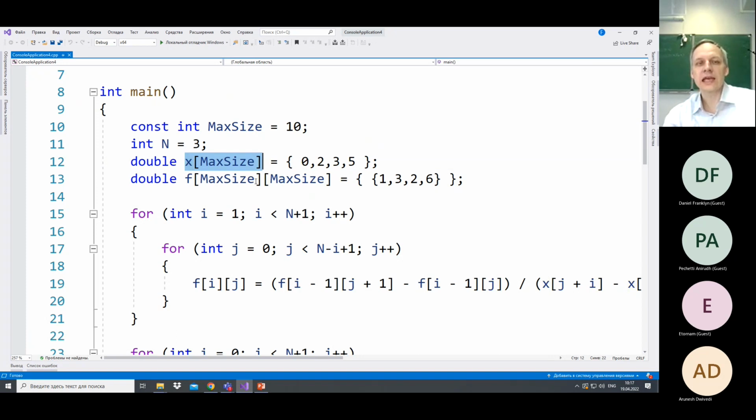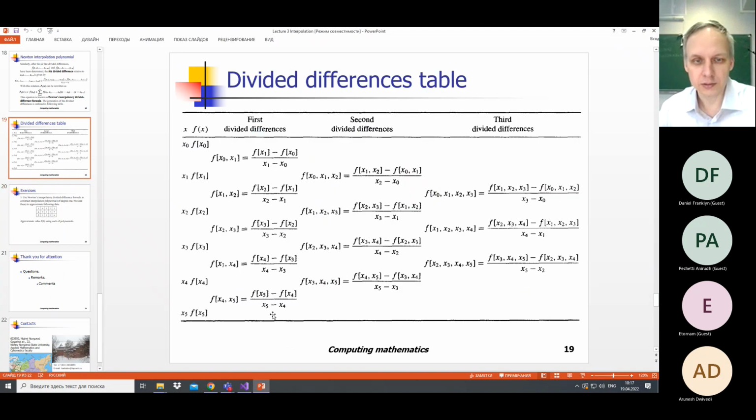Well, the array X is a one-dimensional array, just for the arguments. But F I declare as a two-dimensional array. F is an array to store this divided difference table.